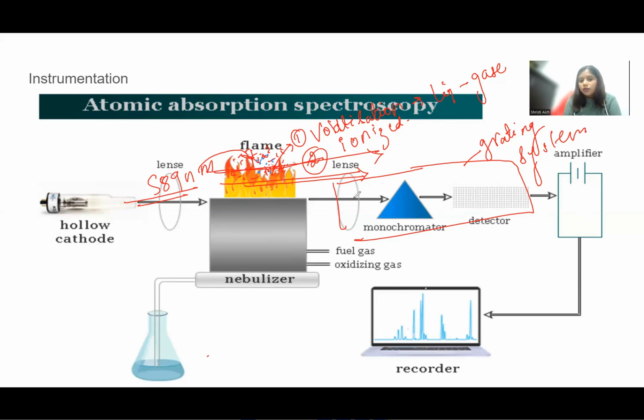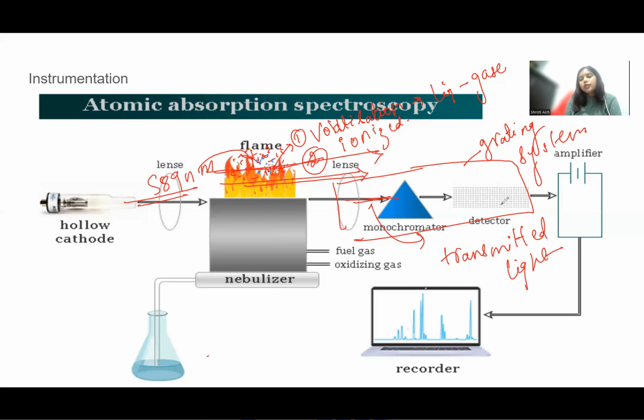Now what we are reading is not absorbance, it is transmitted light. As I explained in the concepts, the radiation which is not absorbed is known as transmitted radiation. Whatever sodium absorbs, it absorbs, and the rest is transmitted.